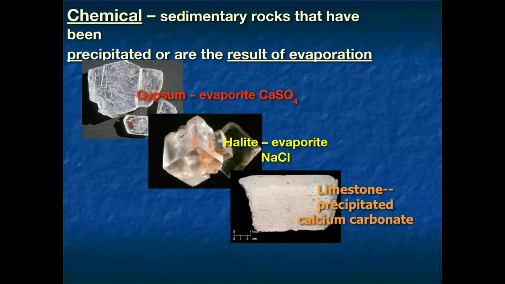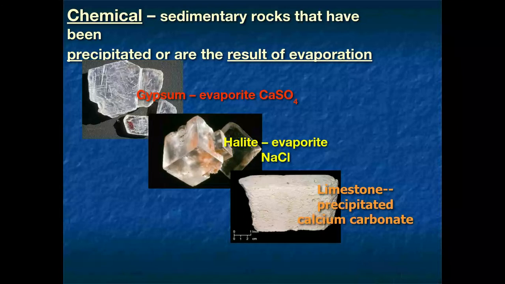So, looking at chemical sedimentary rocks, here we can look at both texture and composition. And so remember that chemical sedimentary rocks have been precipitated from a source or are the result of evaporation. So a couple things going on here.